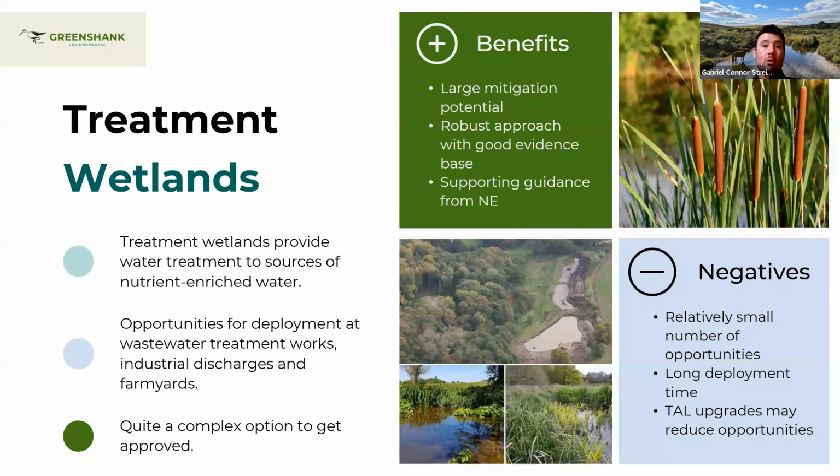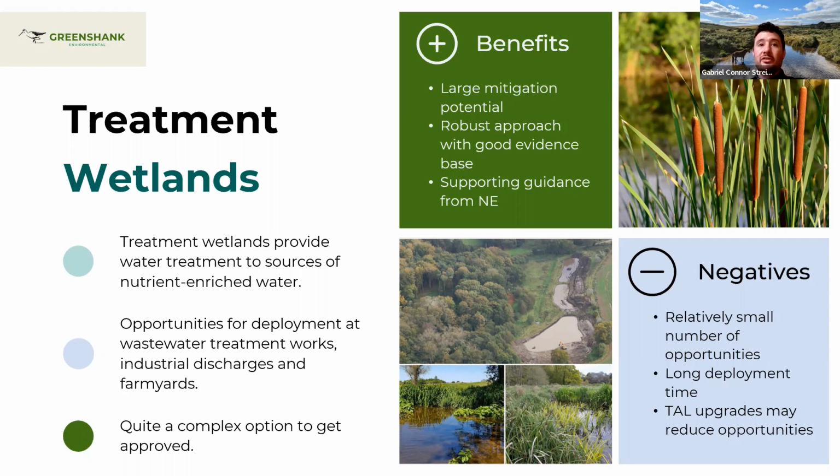This all leads to a long deployment time, and you've also got the potential planning process on top. So there are lots of complexities in getting these schemes through. But if you do them in the right places, they can deliver a significant amount of mitigation, and they are very robust in terms of using nature-based solutions for nutrient mitigation.